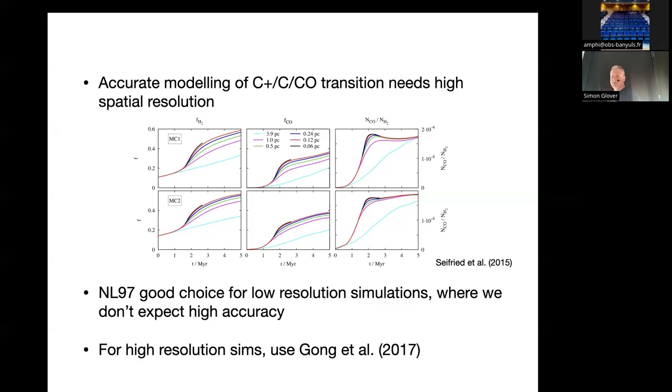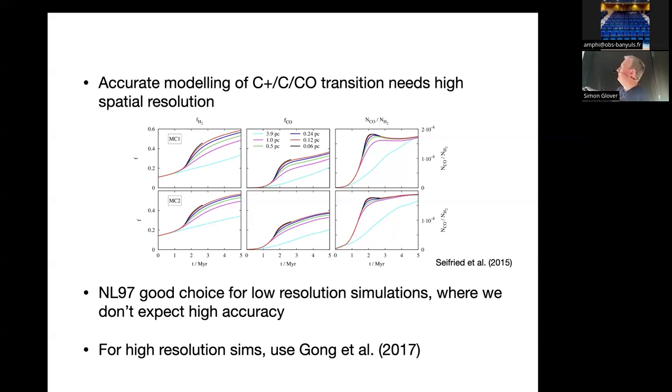So this is just an illustration of this from this paper by Daniel Seyfried. This is for two clouds formed in a half kiloparsec by half kiloparsec patch of the ISM, where they're zooming in on these clouds with different maximum resolutions. So this is actually a bunch of different simulations where they limited the maximum resolution to different values.